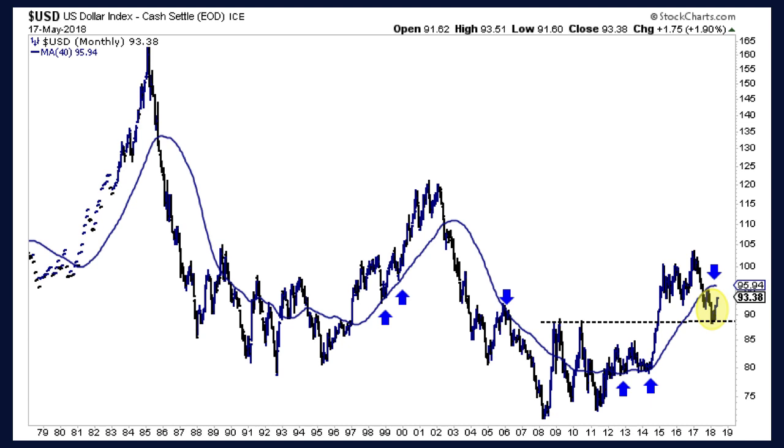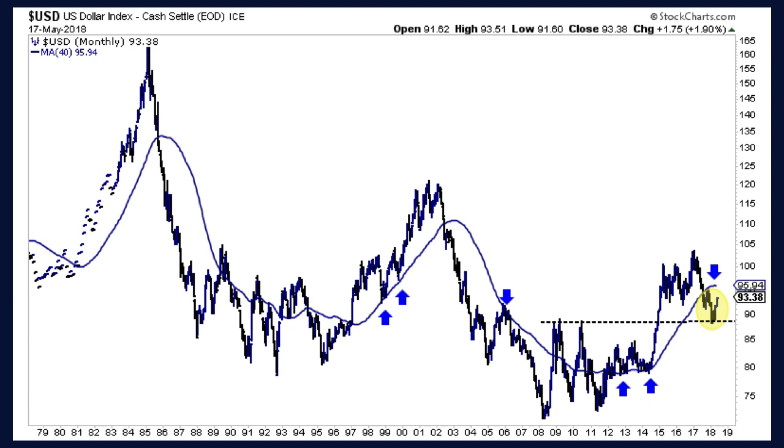Now, if the dollar were to roll over around that resistance and go below 88, then it's clear that it's in a bear market. But my point is it can be somewhere in between. If you look at those periods that I just mentioned, 2008 to 2012, and then the late 80s and early 90s, you can have a lot of sharp moves in both directions.